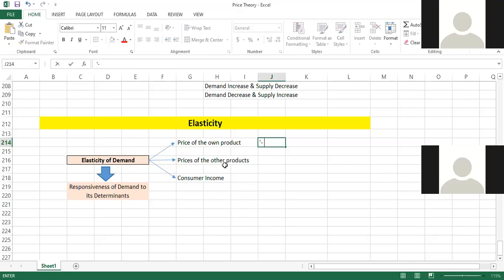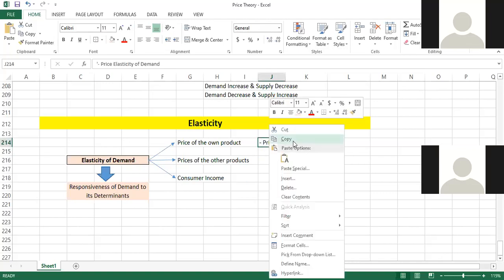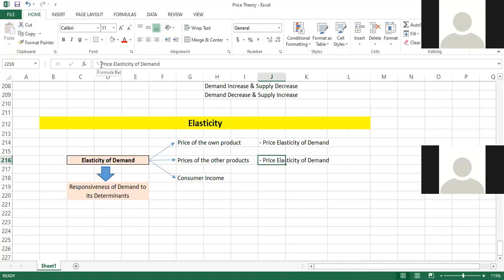When we consider the price of the own product, we call it price elasticity of demand. And when we consider the prices of the other goods, we use a special term for that, that is called cross elasticity of demand.